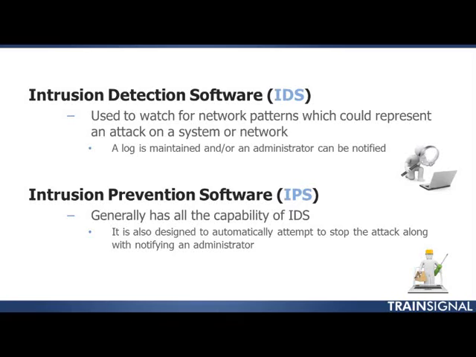The only thing that I caution you when using an IPS is that very often with these intrusion detection systems, you're going to get false positives. So you need to make sure you are really familiar with your environment and know that it's very possible that if you're going to have automation built in, a false positive is going to make it kick in and shut certain things down.